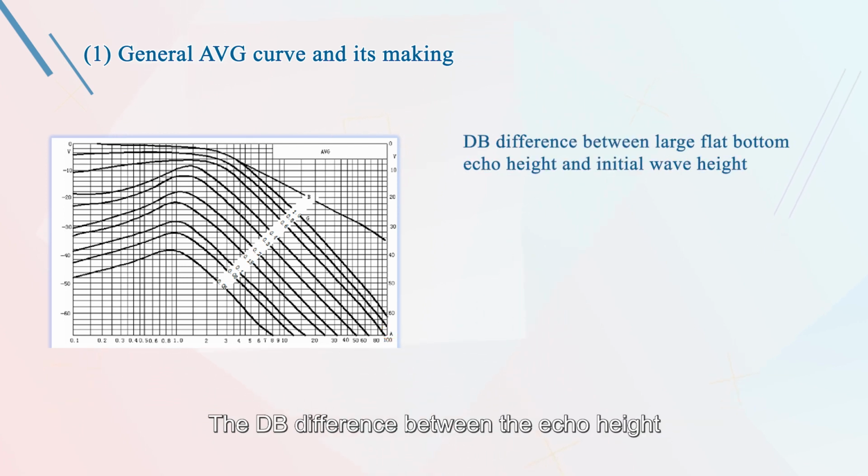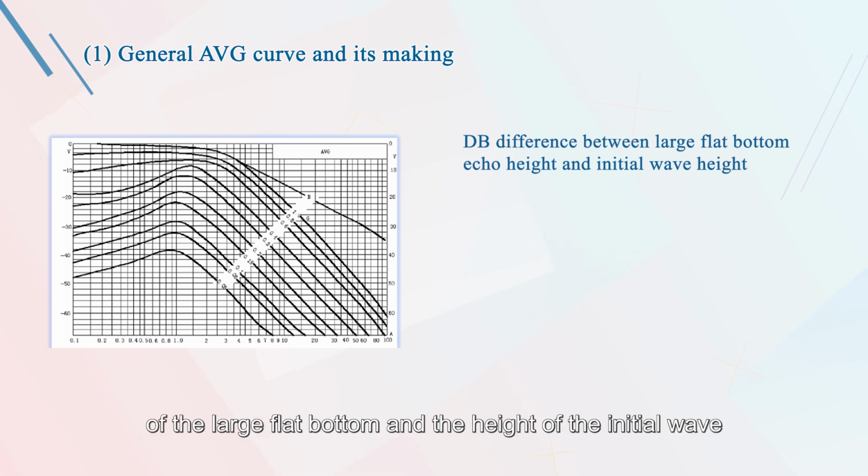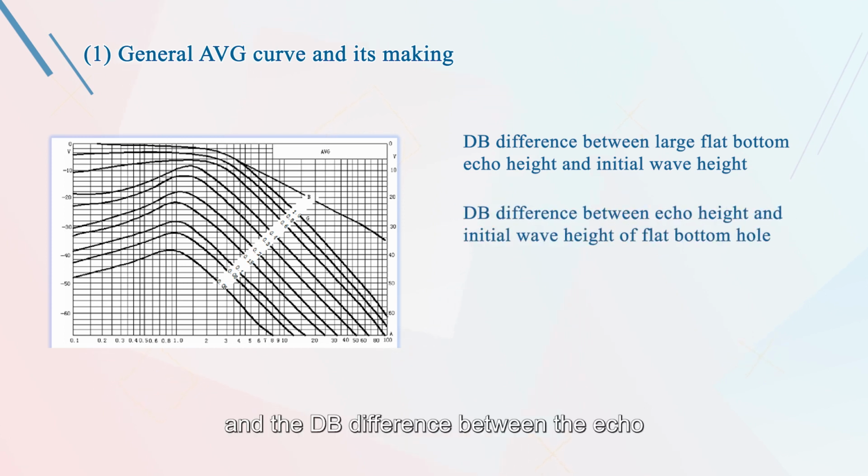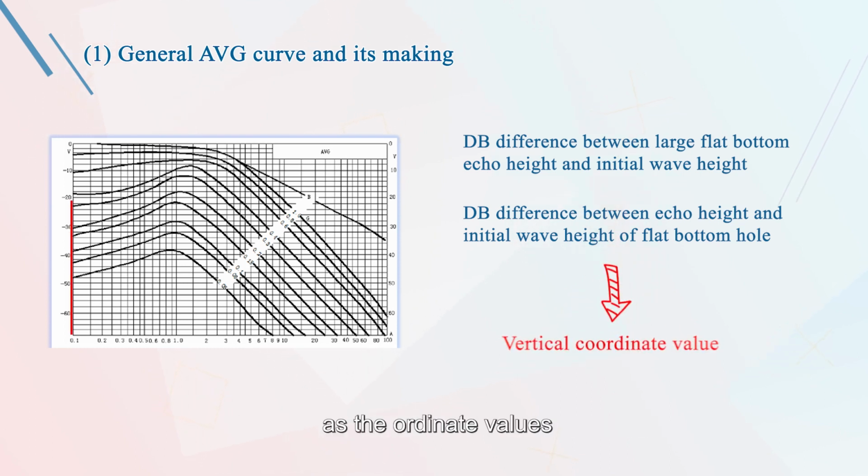The dB difference between the echo height of the large flat bottom and the height of the initial wave, and the dB difference between the echo height of the flat bottom hole and the height of the initial wave are taken as the ordinate values.